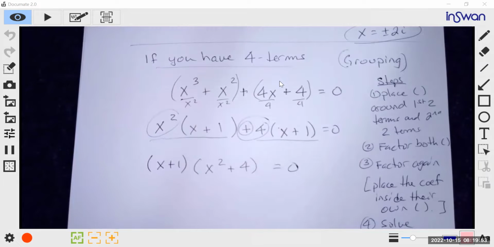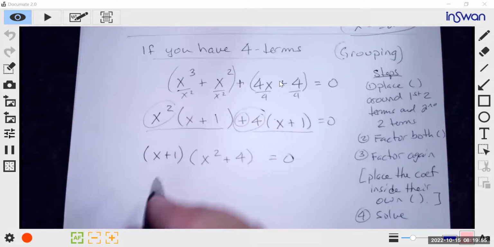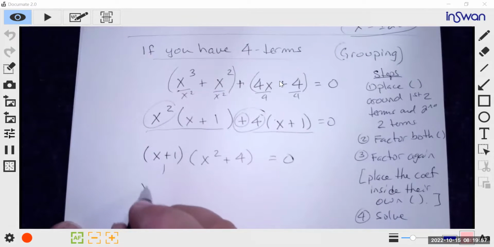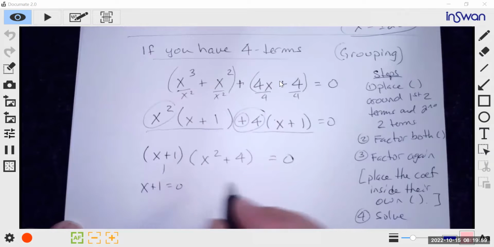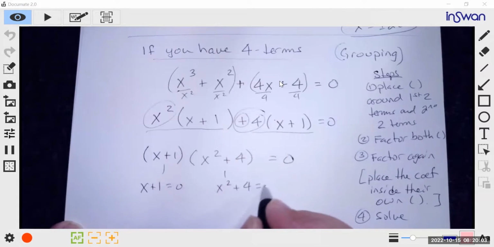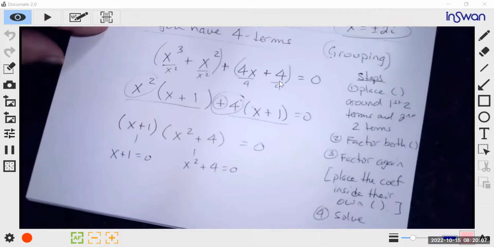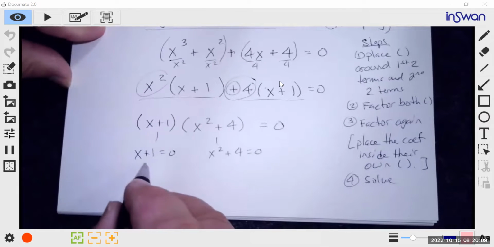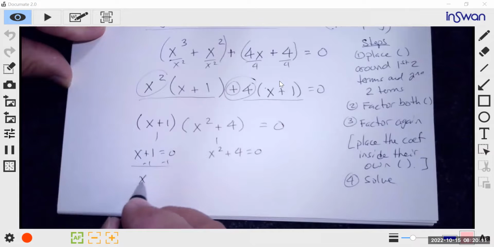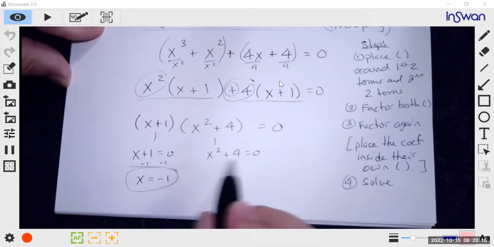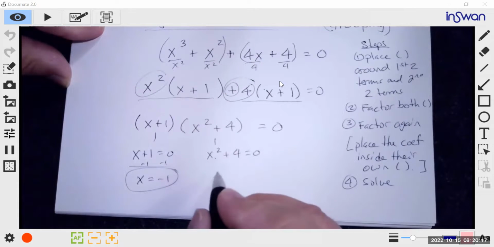And then solve. When I say solve, set them equal to 0. So subtract 1. So x equals -1. This is two terms, only one x, so we separate them.